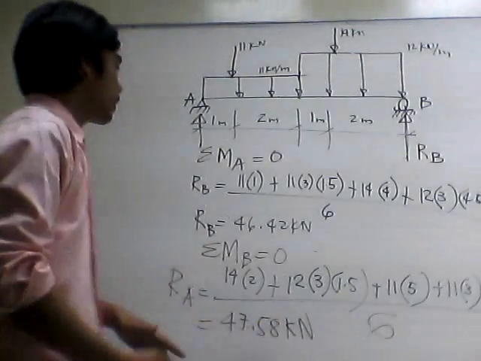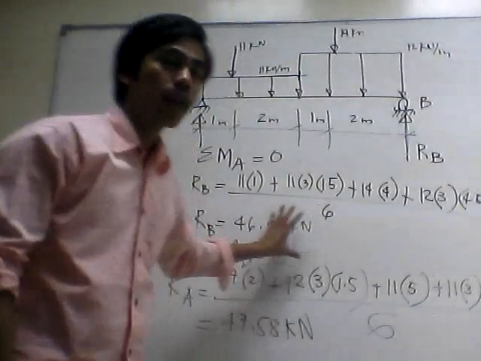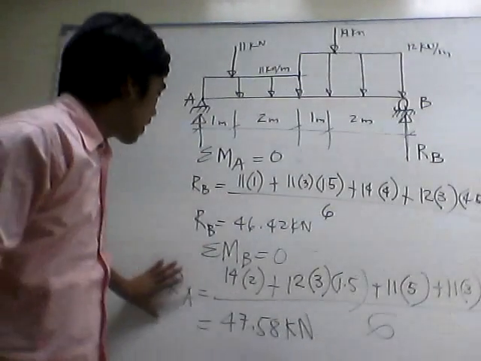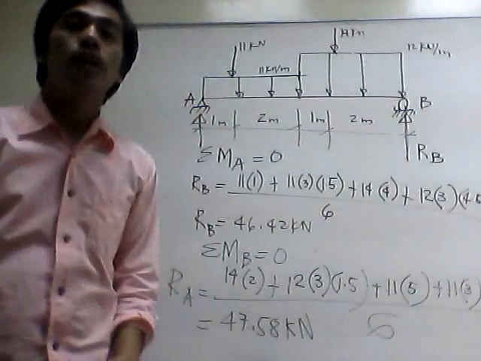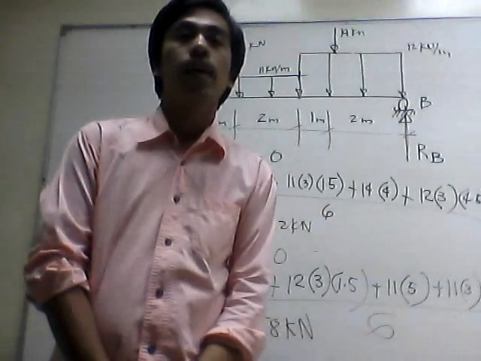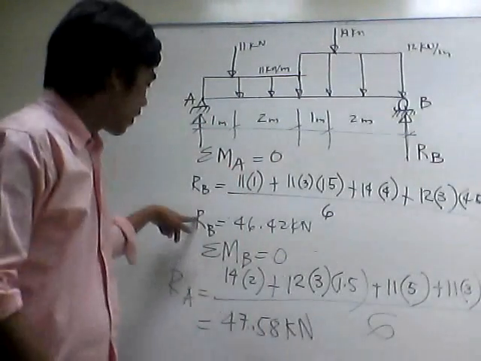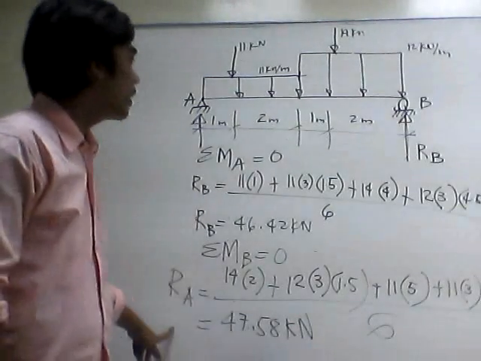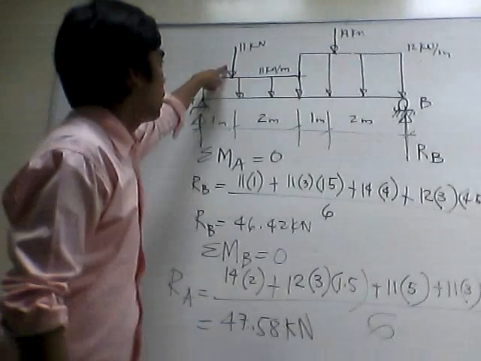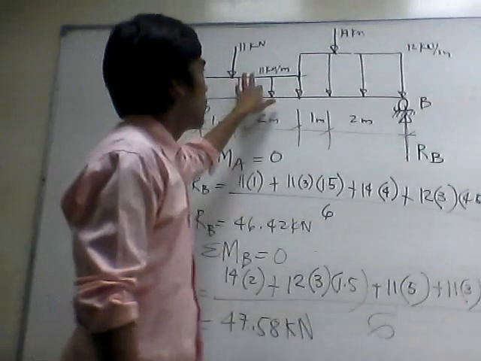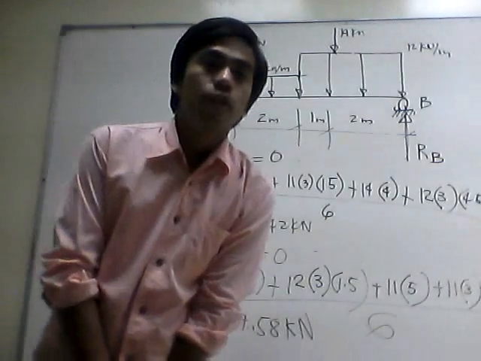Okay. So again, if you are sure that this is already correct, then you can skip taking summation of moment at B equals 0. Instead, you are going to use summation of forces vertical equals to 0. Or you can check your values for RA and RB by taking summation of forces vertical: 11 plus 33 plus 14 plus 36, that will give you 94.